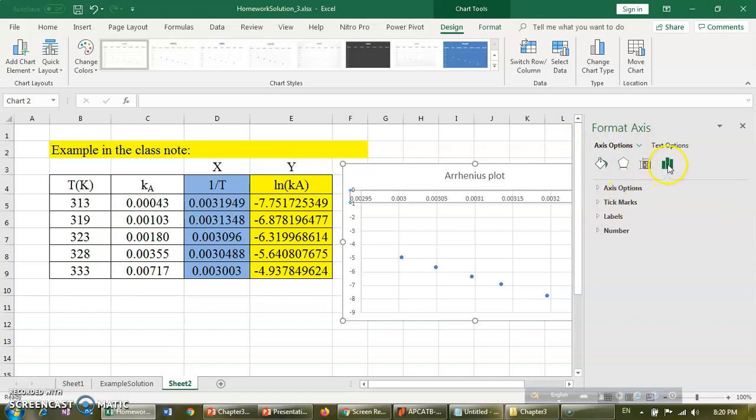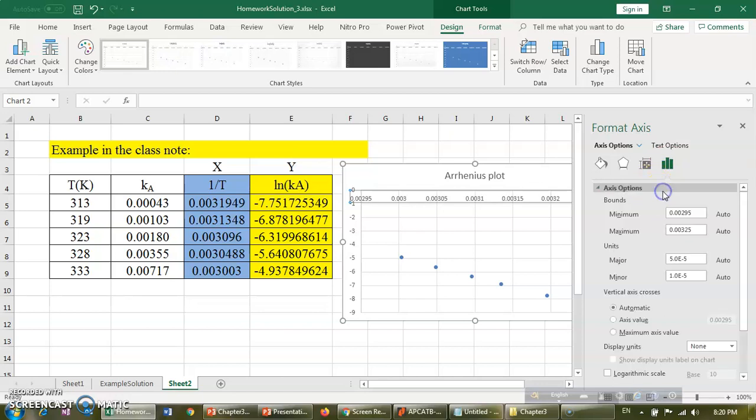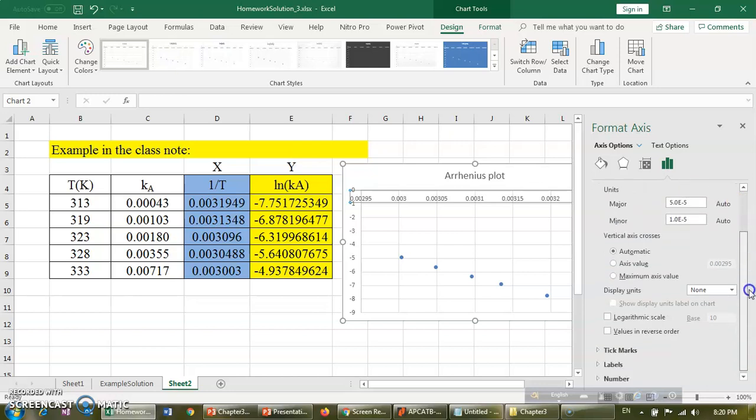If you select the column icon here and the axis options, you can see it here, the axis value. So vertical axis crosses, it is basically not going to help us. Just leave it like this.